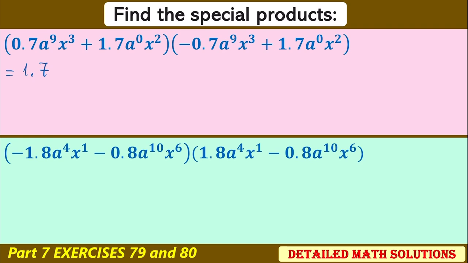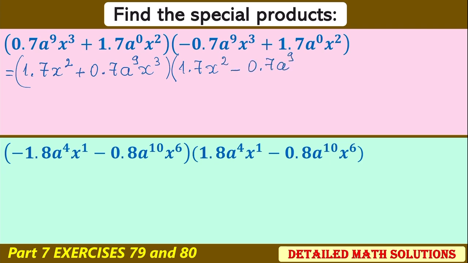Therefore, I'm just not going to write that. And then I have (x squared plus 0.7 a to the 9th power x to the 3rd power) multiplied by (1.7 x squared minus 0.7 a to the 9th power x to the 3rd power).